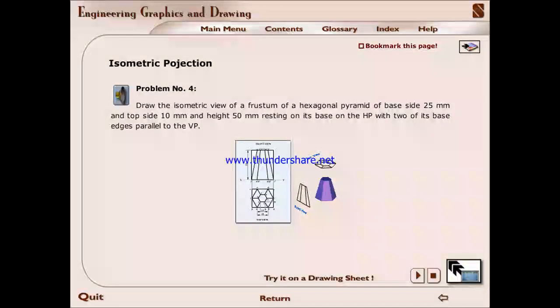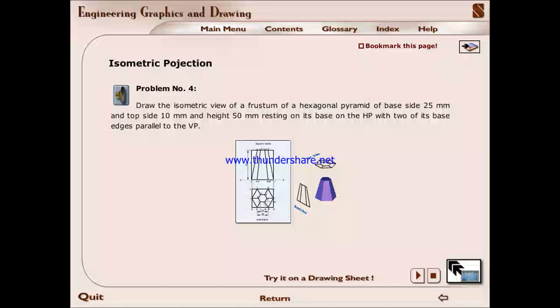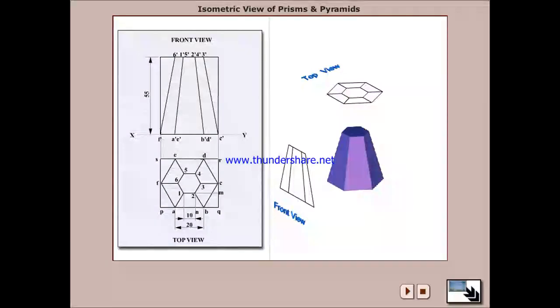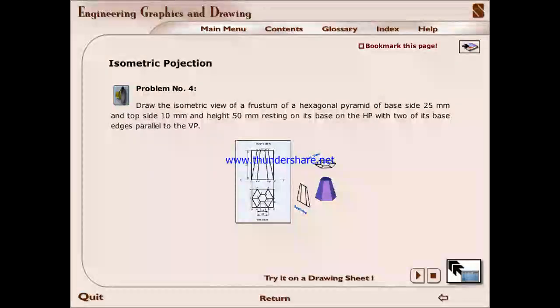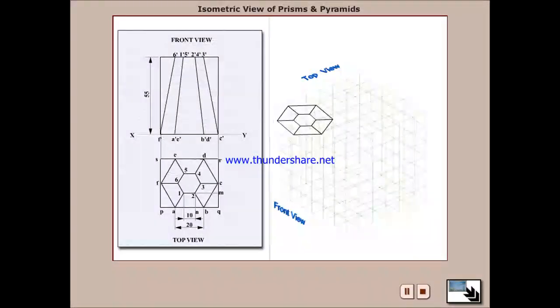Now problem number 4. Now let us see the physical view.